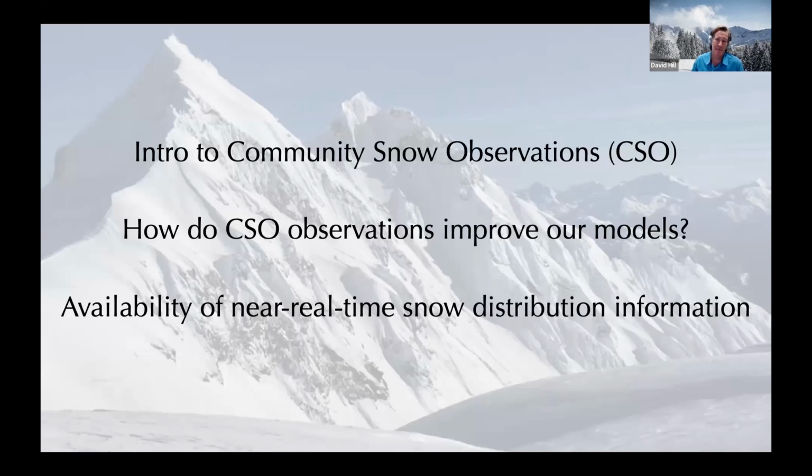There are three main topics I'd like to cover tonight. First, I'd like to briefly introduce what the Community Snow Observations Project is about and what role it plays in informing us about snow distribution. Second, I'd like to briefly show some results that demonstrate this project is successful and that we can significantly improve models of snow distribution when we include, or assimilate, snow depth measurements from CSO participants.